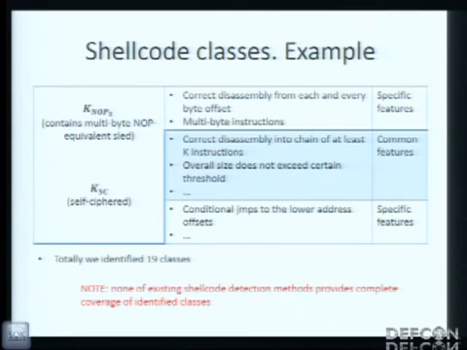And we could name such common features, for example, as correct disassembly into a chain of at least k instructions, and so on. In total, we identified 19 classes, and here's a significant remark: none of the existing shellcode methods provide complete coverage of the identified classes.